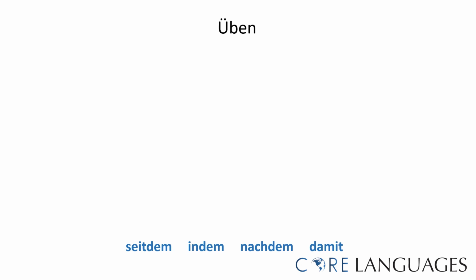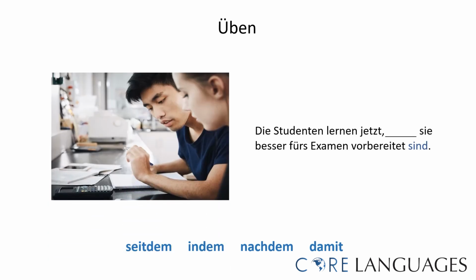Let's practice. Üben wir. Look at the following two pictures and sentences and try to choose the correct subordinating conjunction. Choose from seitdem, indem, nachdem, and damit. Die Studenten lernen jetzt, sie besser fürs Examen vorbereitet sind.